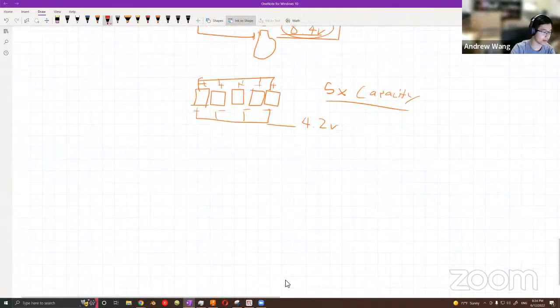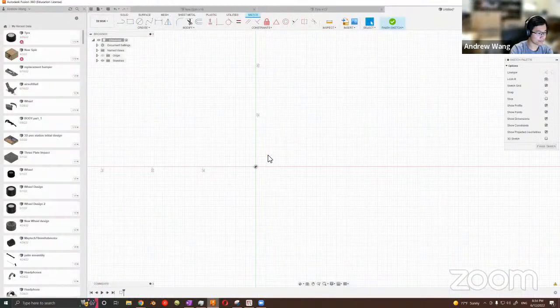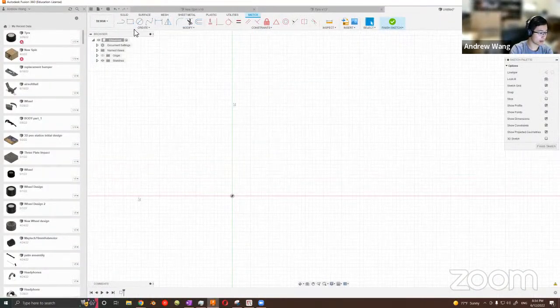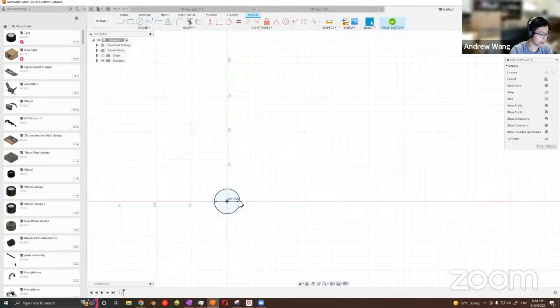How can we use this to make our pack more useful? So how can we create it more densely? So let's do it. 18. I'm going to create a triangle.